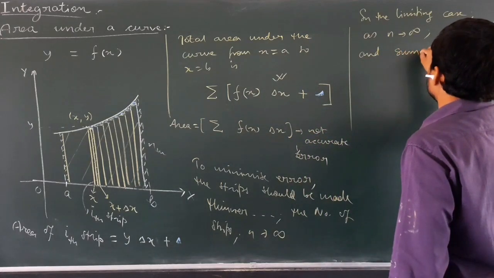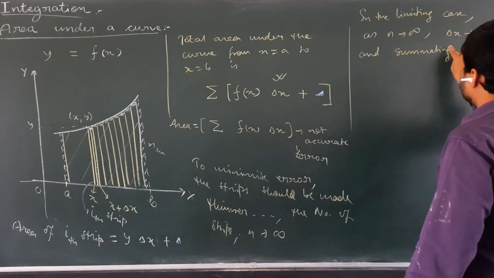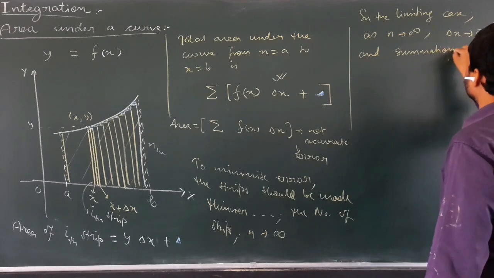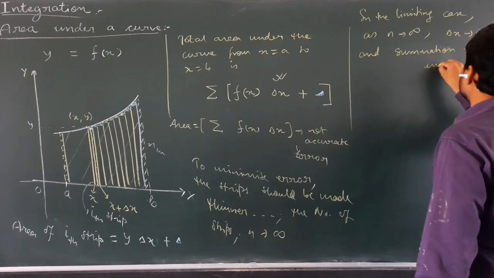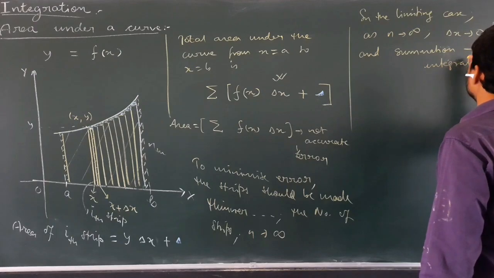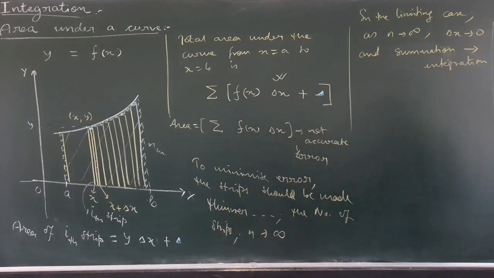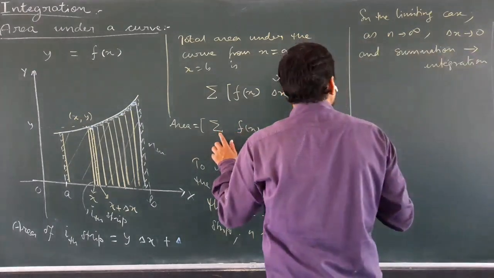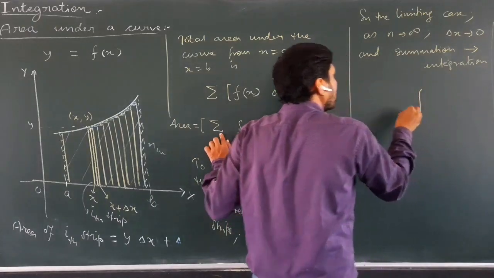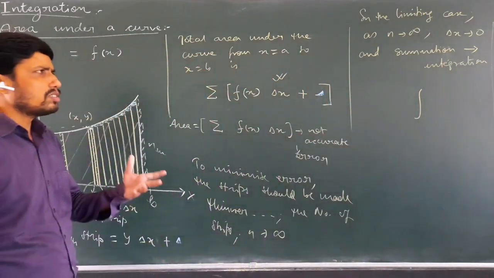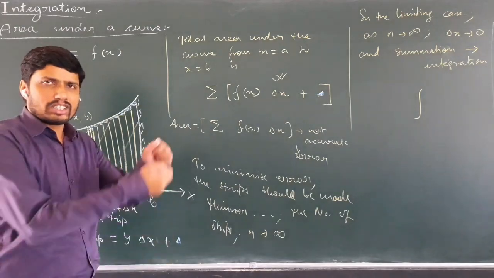And the summation symbol, it tends to, we say, integration. Meaning is same, summation. So this summation we will replace by integration. Its symbol is some sort of s, a stretched s.